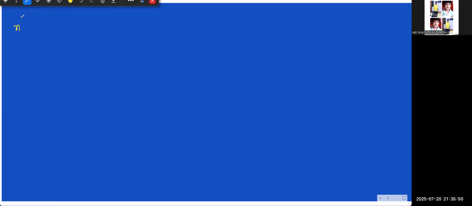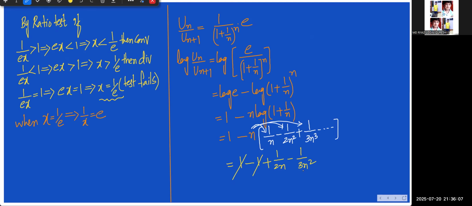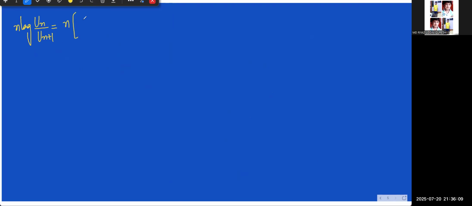n times log of un by un plus 1 value is equal to n times, how many terms are there? 1 by 2n minus 1 by 3n square.